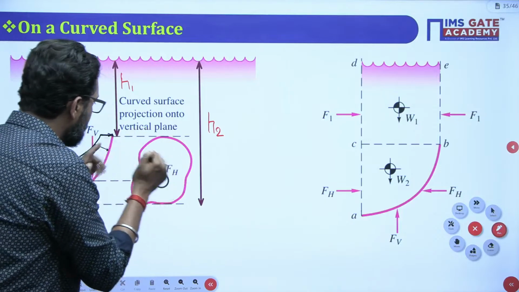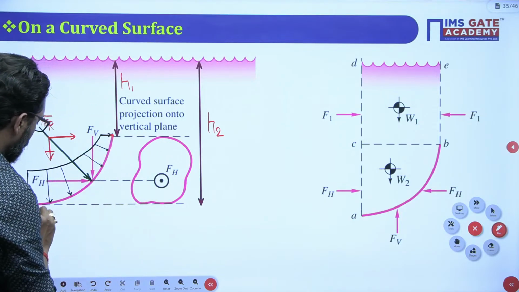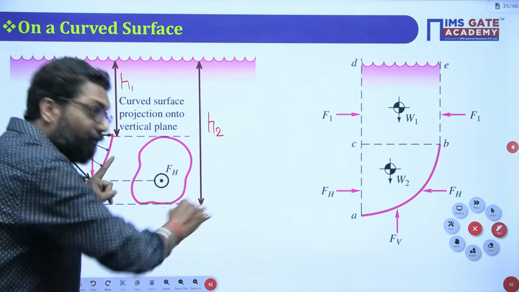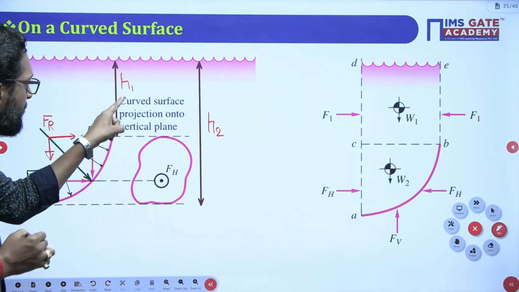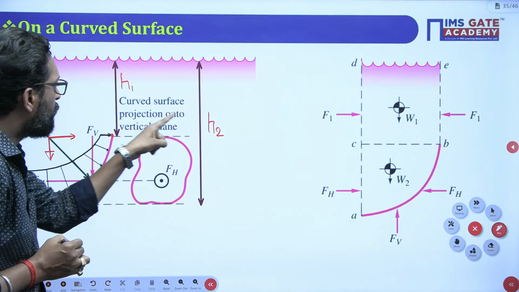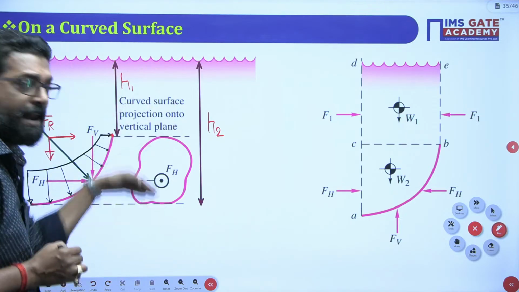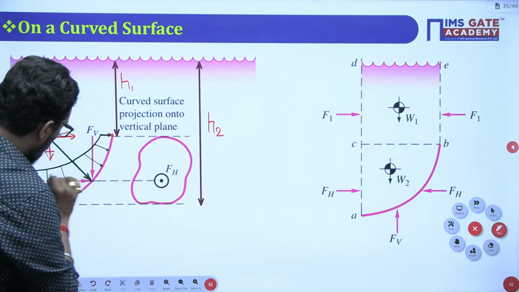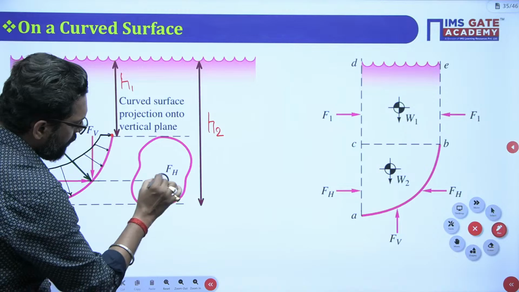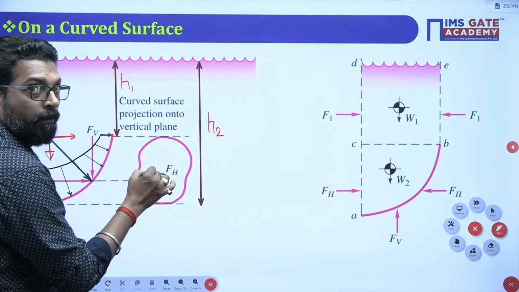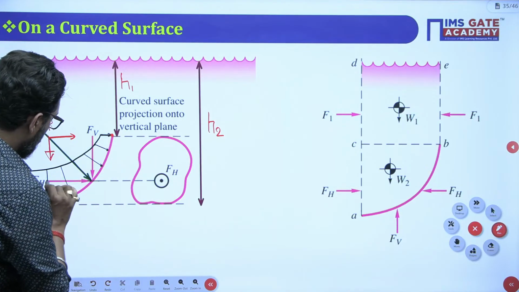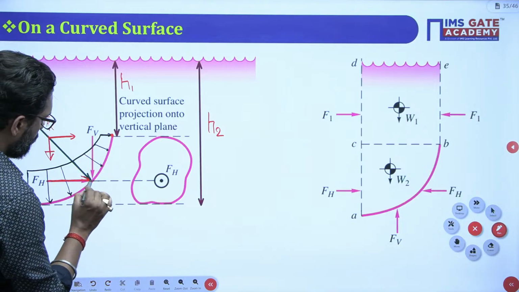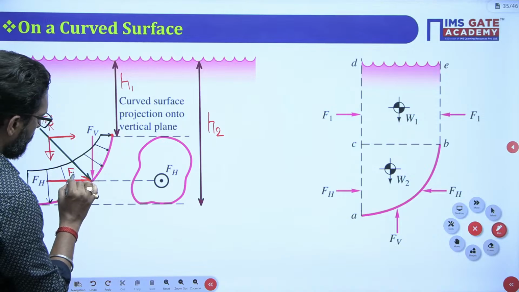That means the curved surface is projected onto the vertical plane, and then the horizontal force will act there. So this is your FH.